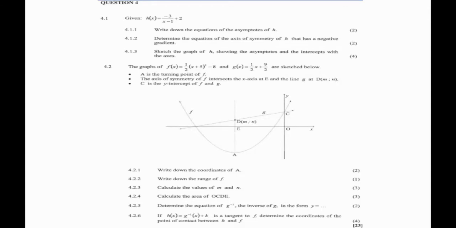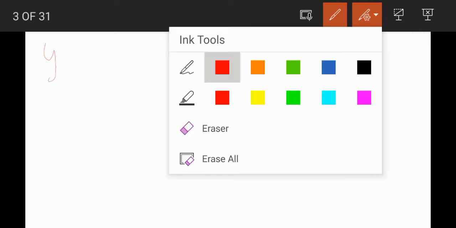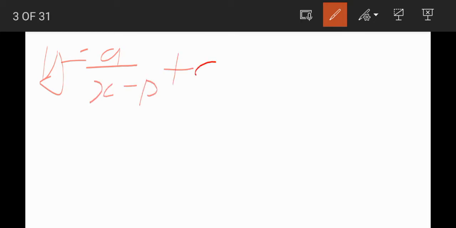But if we can do just a small revision on that, ne? So let's do a small revision on the hyperbola function. So when you are given something like this, y is equal to a over x minus p plus q, you must know that you are now dealing with what?